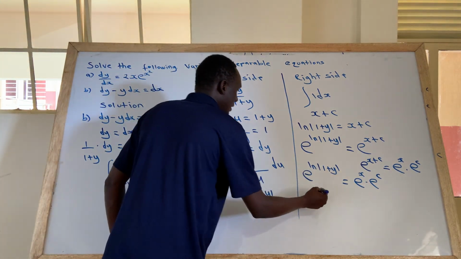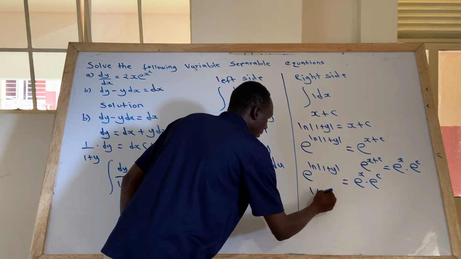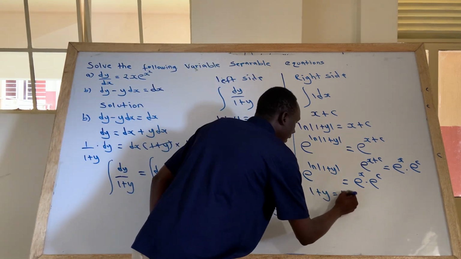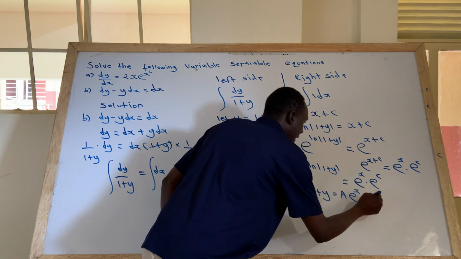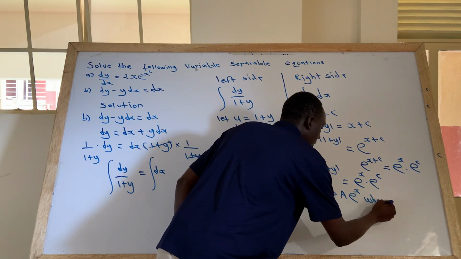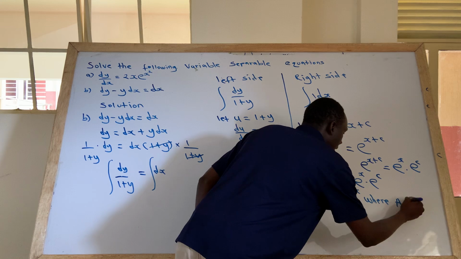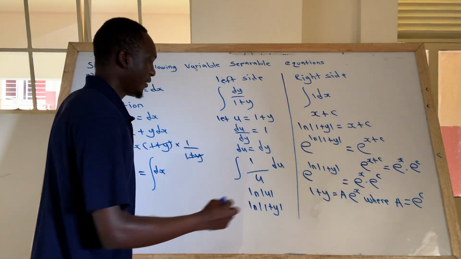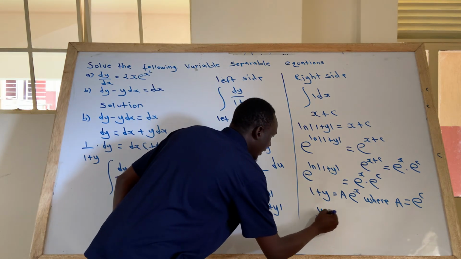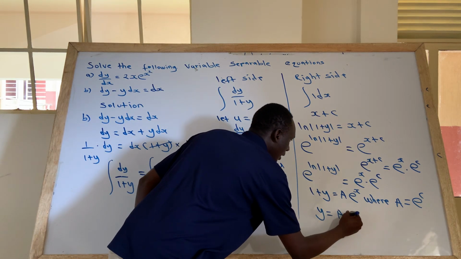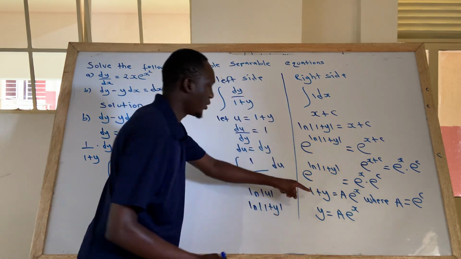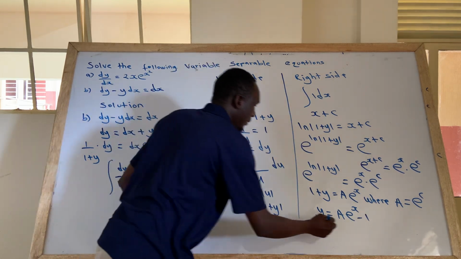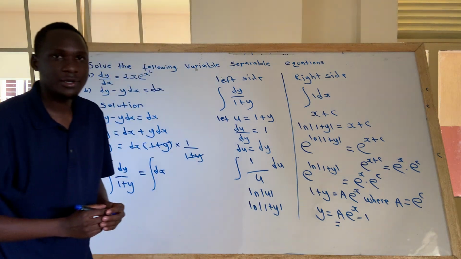Exponential and ln simplify, therefore we remain with 1 plus y is equal to a e raised to x, where a is equal to e raised to c. Therefore, y is equal to a e raised to x minus 1. When 1 crosses the equal sign, it becomes minus 1. And that's our final answer.